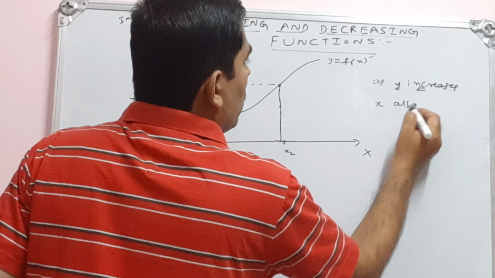So here it is easy to say that a function is increasing when, as the value of y increases, the value of x also increases. It is called an increasing function.